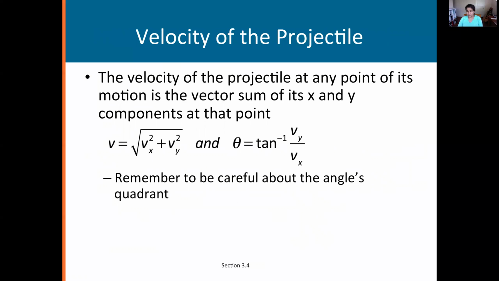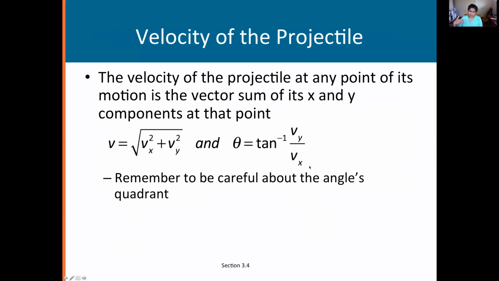At any point, if you want to know the resultant velocity, you need to combine the x and the y components of velocity at that point. So this is how you'll use the Pythagorean theorem to get the magnitude of the velocity. And you'll use the tan inverse of the y component over the x component.